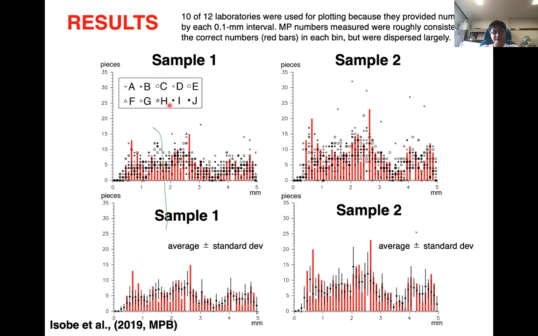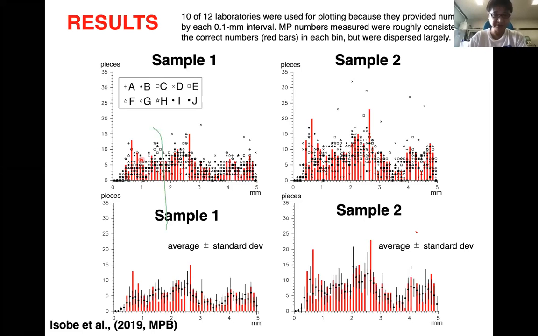Upper left-hand side is for sample 1 and right-hand side shows sample 2. So as I said, I created two bottles. One bottle is for sample 1 and one bottle is for sample 2. And this red bar means the accurate, correct number of the microplastics that we input into each bottle before distributing bottles to each laboratory.